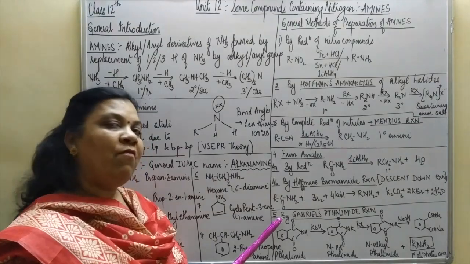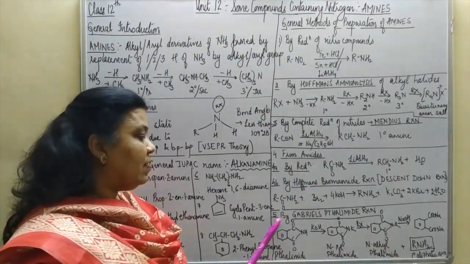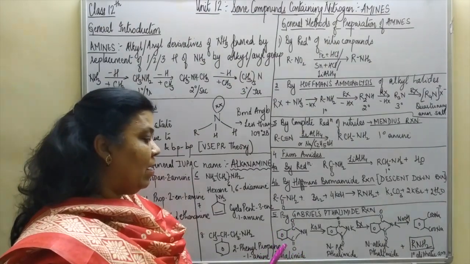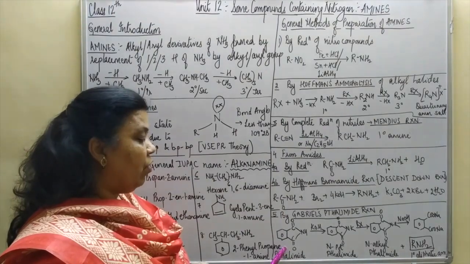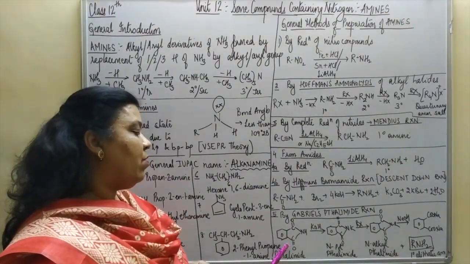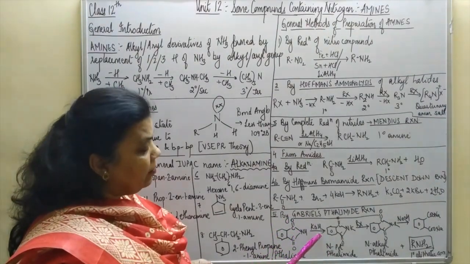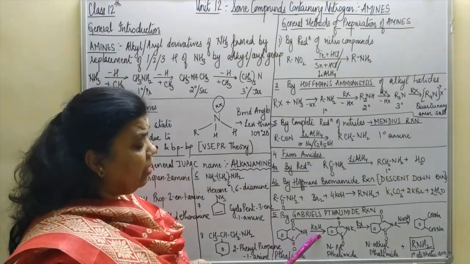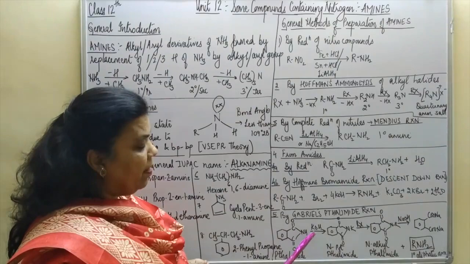The last is again a very important reaction called Gabriel's phthalimide reaction. We start from phthalimide. Look at the structure of phthalimide. It is obtained by treatment of phthalic acid with ammonia. So when phthalic acid reacts with ammonia, we get a cyclic amide called phthalimide. And when it is treated with KOH, this hydrogen is replaced by potassium.